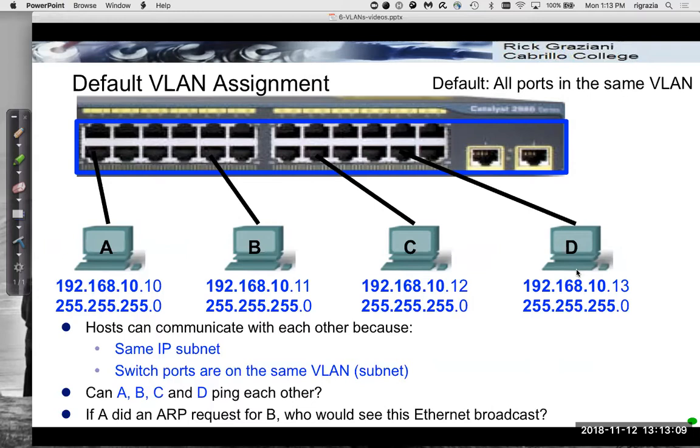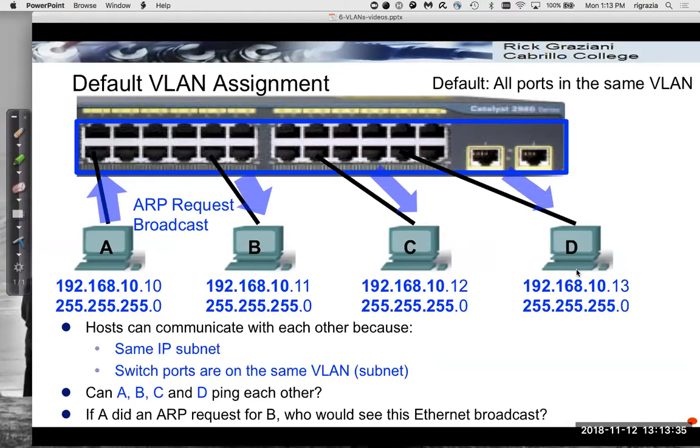Well, okay, what if host A did an ARP request for host B? It wants to send it a ping, knows its IPv4 address, but does not know its layer 2 MAC address. Well, it would send out an ARP request, right? And an ARP request is a broadcast. And what does a switch do with that broadcast? Well, it floods it out all ports except the incoming port.